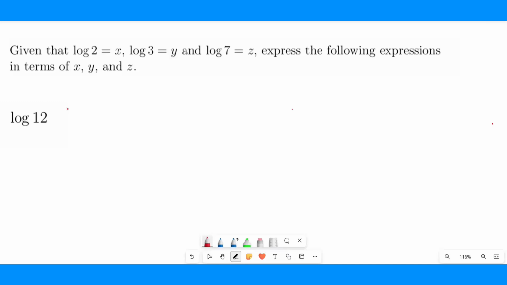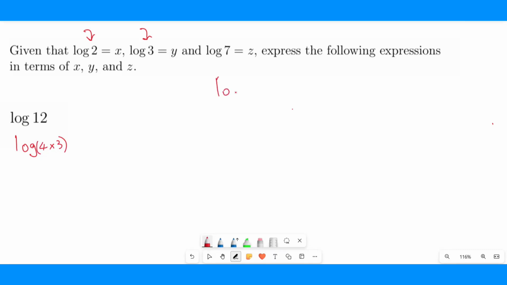Now, what we're going to do though is find a way to rewrite 12 using these numbers. So if you think about it, 12 can be represented as the log of 4 times 3, right? So the log of 4 times 3 is basically the log of 12.